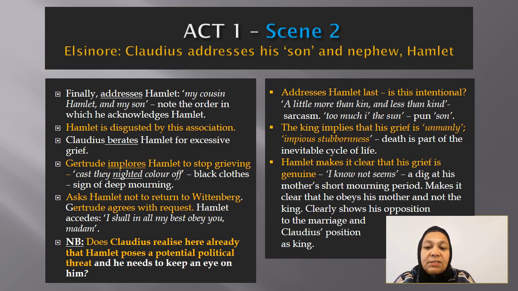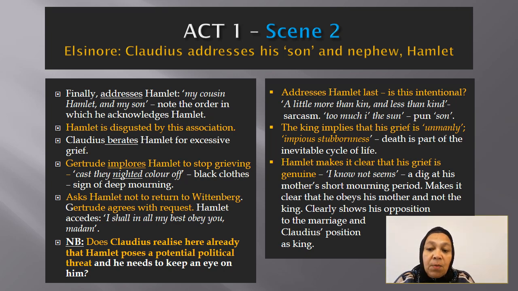So Hamlet then accedes, because his mother has also asked for him to remain behind in Denmark and not go back to his studies in Wittenberg. He says, "I shall in all my best obey you, madam."